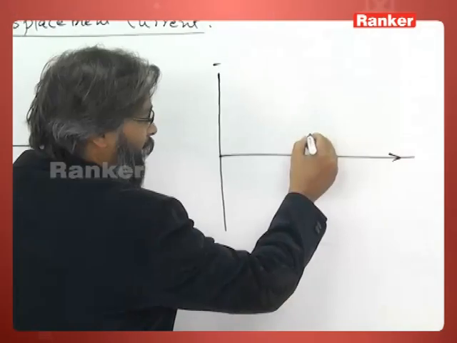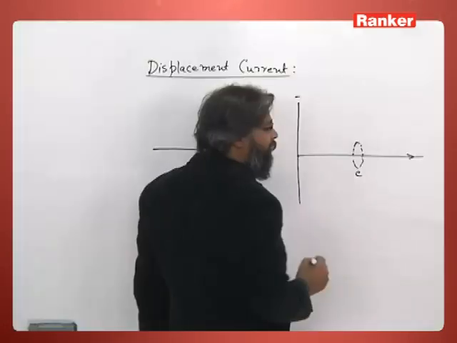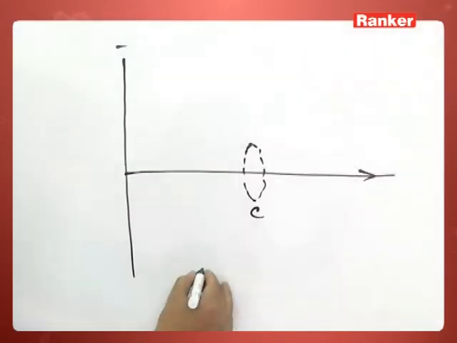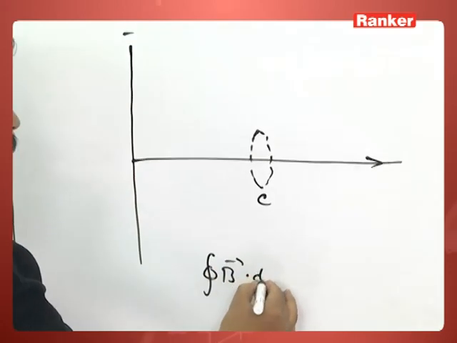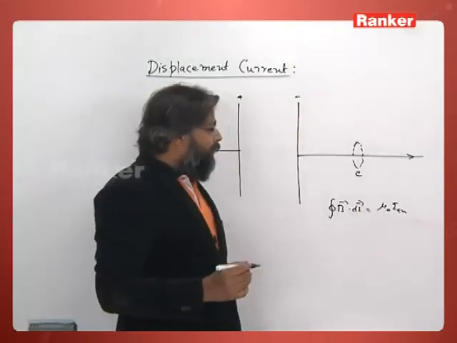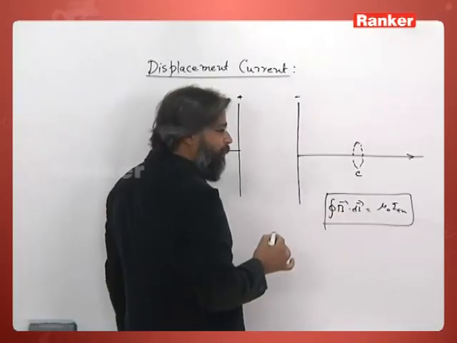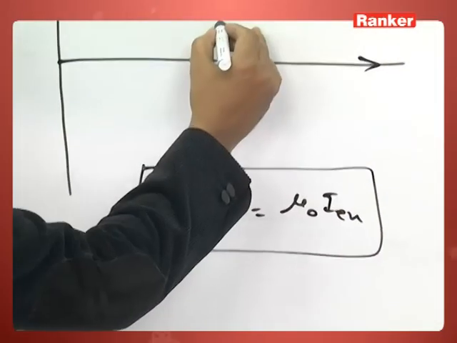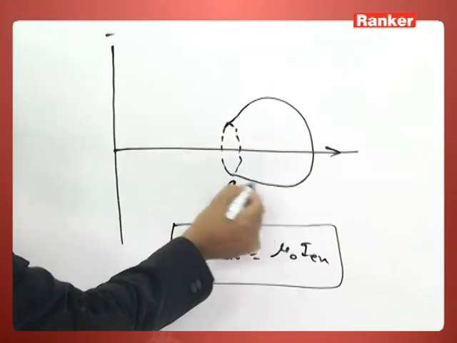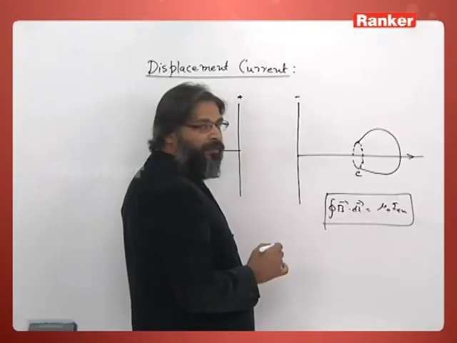So now if I consider an Amperian loop, this curve, let us denote it by C. Then if I apply B dot dl, then it is equal to mu naught I enclosed. Now you see here, current enclosed means the current must cross the boundary of all the surfaces whose outer boundary is that curve.